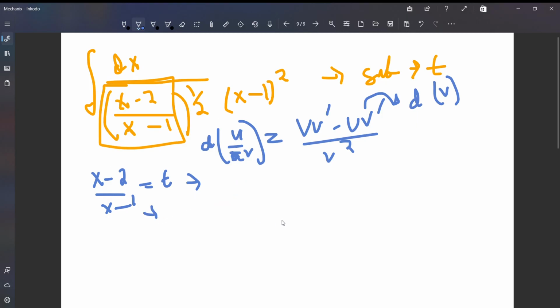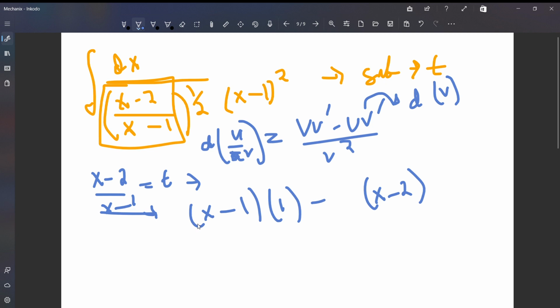So v is x minus 1 and derivative of x minus 2 is going to be 1, minus x minus 2. The derivative of x minus 1 is again going to be 1, over x minus 1 whole square. So times dx is actually equal to dt.